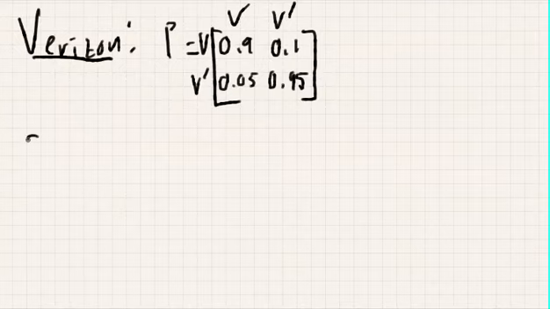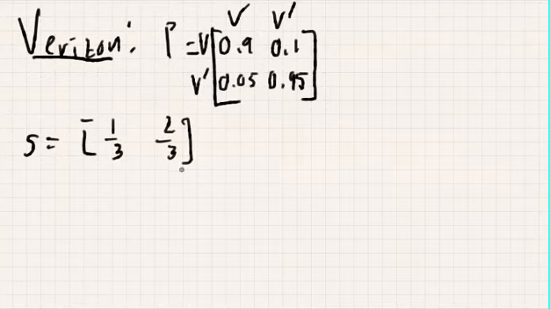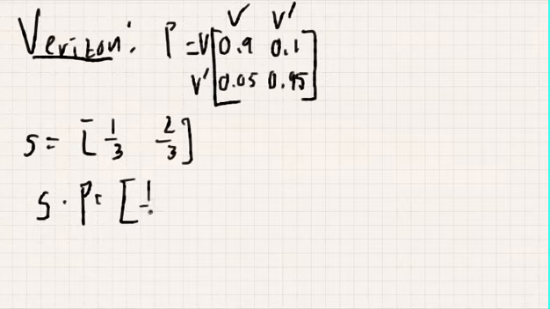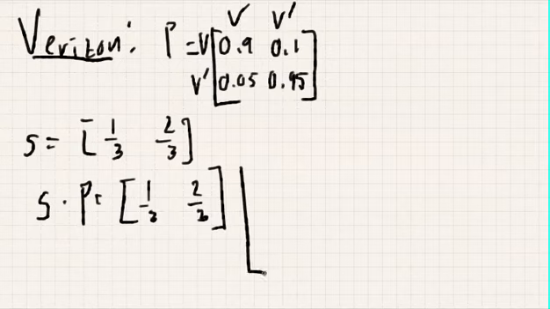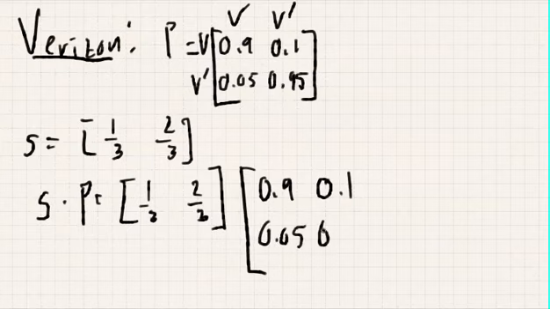Now I'm going to let S be the matrix 1/3, 2/3, and I claim that this is the stationary matrix here. So S times P, that's 1/3, 2/3 times 0.9, 0.1, 0.05, 0.95.